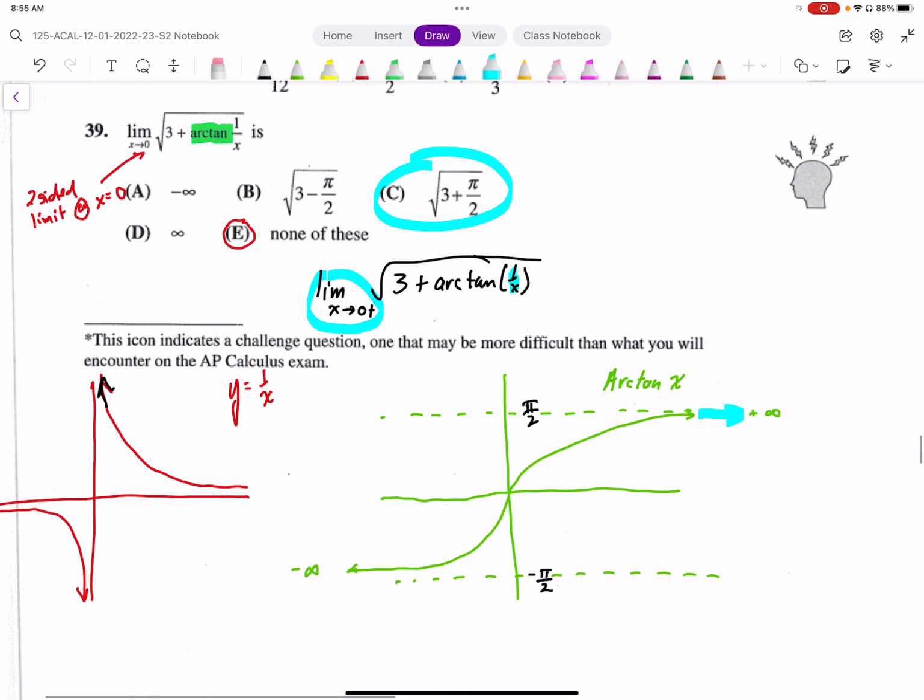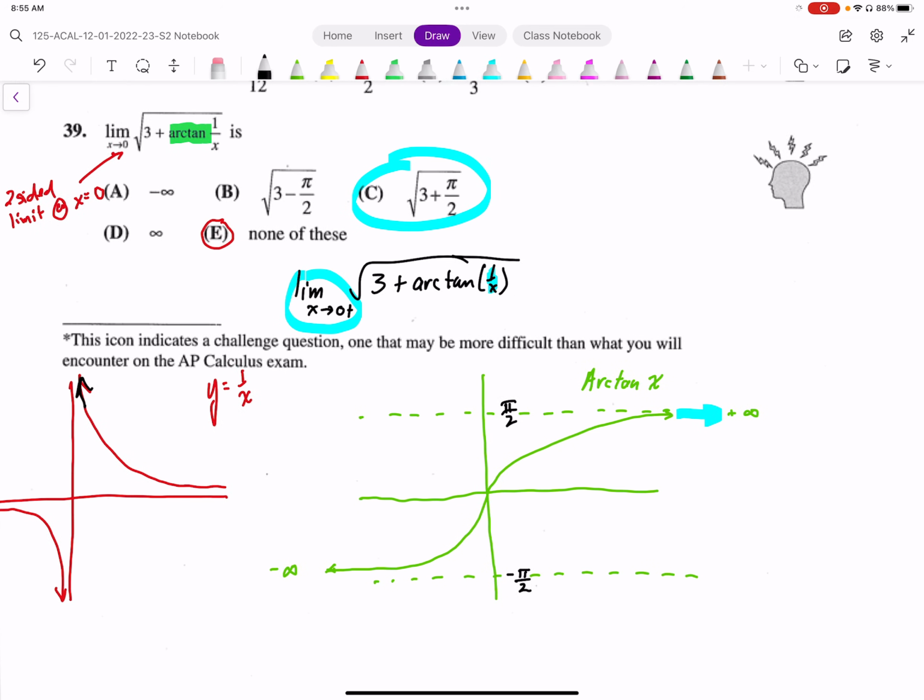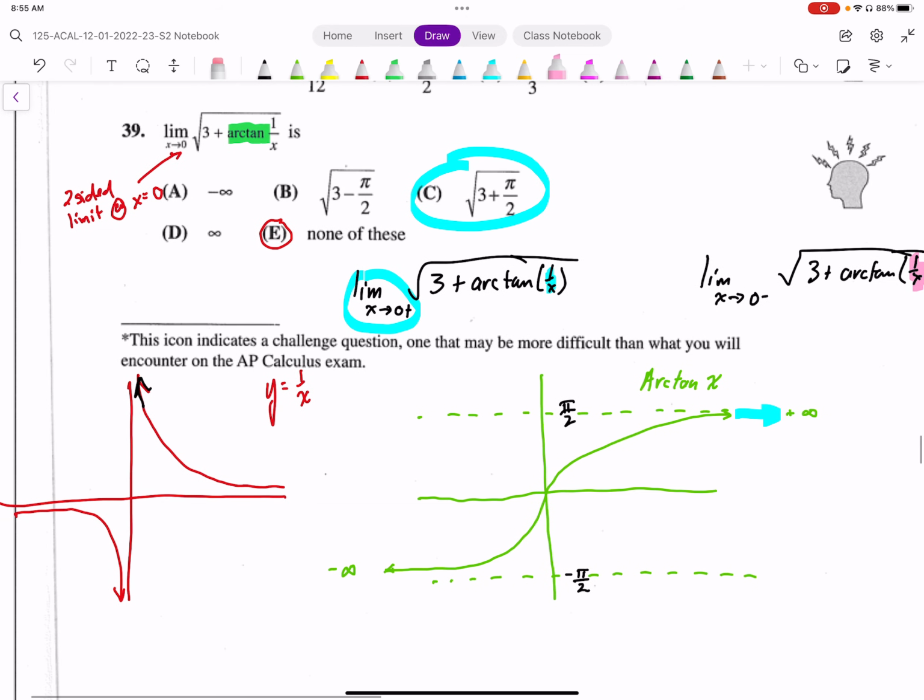We also have a similar argument if we did the limit from the negative side, because it does have a one-sided limit. If we look at it approaching 0 from the negative side, that 1 over x now is going to go to negative infinity, because we're heading down from the negative side.